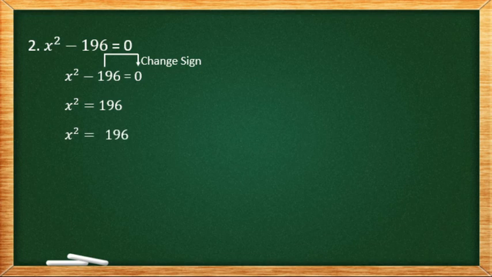So, magiging square root of x squared and square root of 196. What is the square root of 196? 196 is a perfect square number. Therefore, x is equal to negative 14 or x is equal to 14. Again, we have two possible answers here. Let us check kung tama yung nakuha natin sagot.